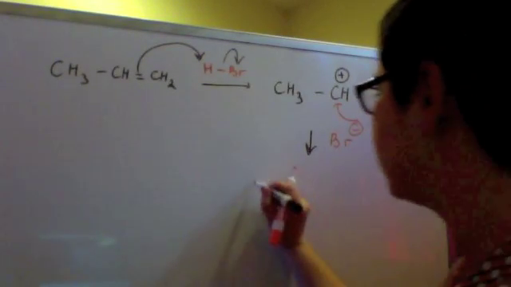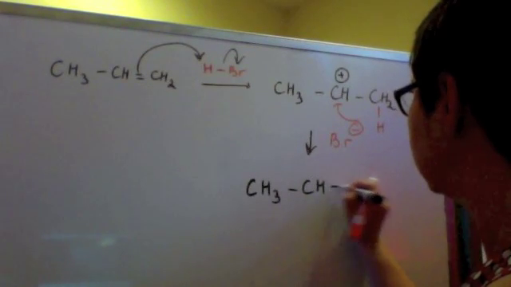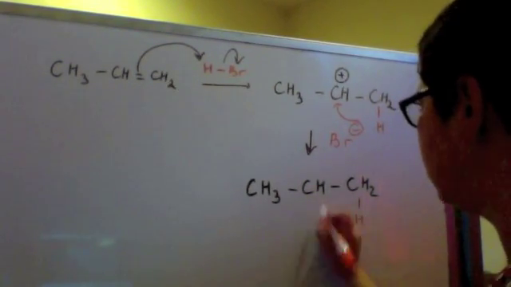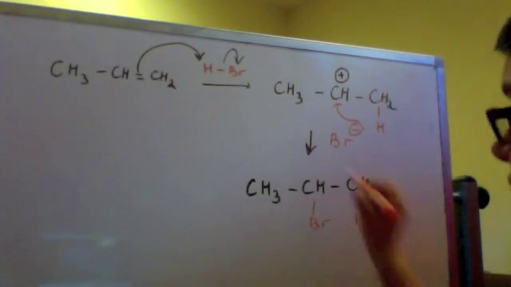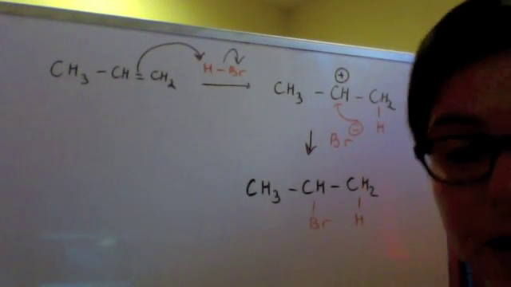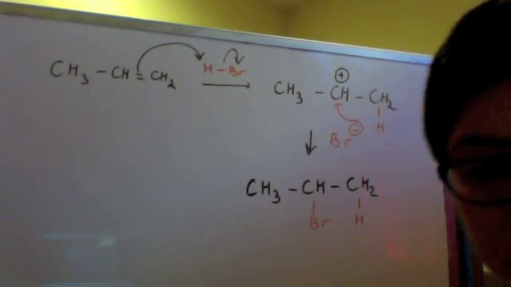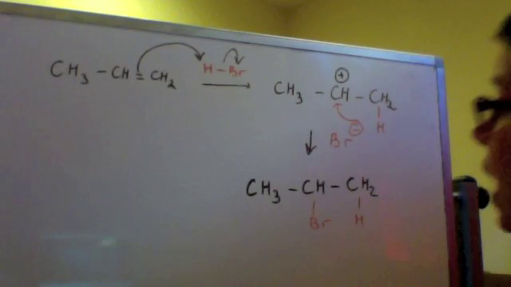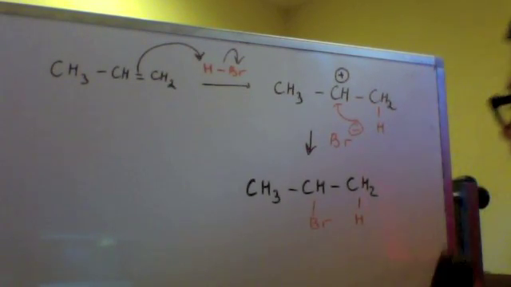And so now this is how our product is formed. So hydrogen is here and Br is here. So this is Markovnikov product, right? The Markovnikov rule states that if you're adding something to alkene, the nucleophile will end up on the more substituted carbon.